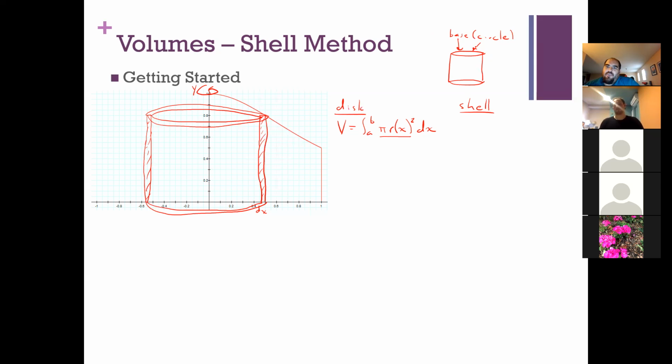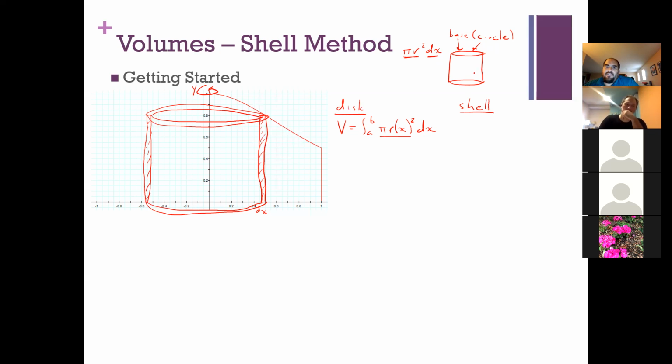So basically, we're adding these very, very thin things that look like pi r squared dx. So that's why our integrand is basically pi r squared, the area of a circle, and the thickness comes from that elementary dx, that differential term there.